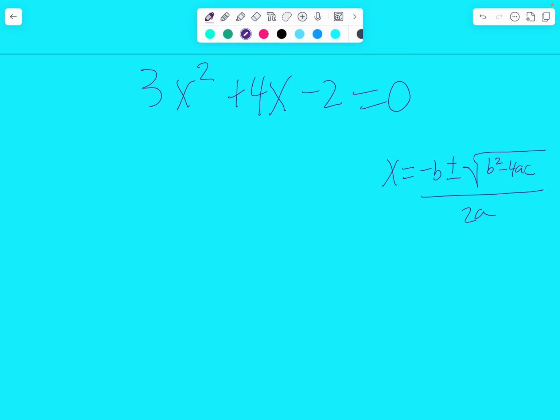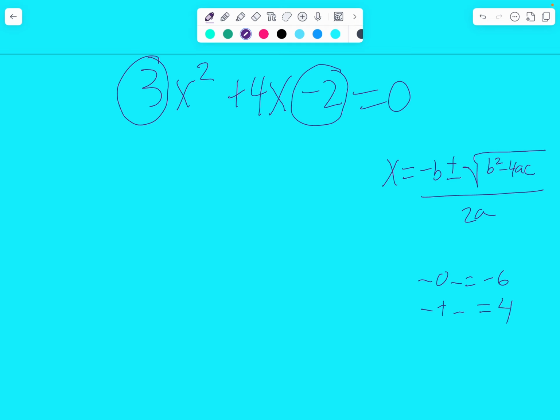Okay. So let's say you're too scared of the quadratic formula, and you're like, I'll just factor it, right? In my last video, I told you guys you would take c and multiply it by the coefficient in front of the variable. So do negative 2 times 3, which is negative 6, and what adds to 4?